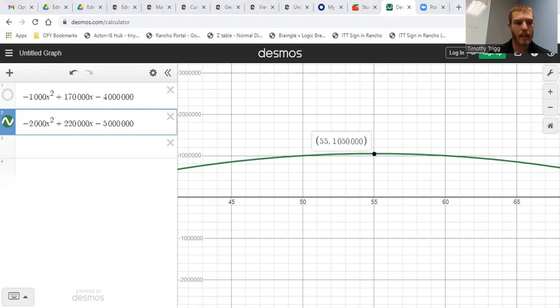Distributing this negative and combining like terms gives us negative 1,000X squared. I like to put my X squared first. This 160,000X can combine with this 10,000X, and this 10,000X will become positive because this negative and this negative combine to make a positive. So that's going to be plus 170,000X. And then this negative goes to this, so that's minus 4 million.